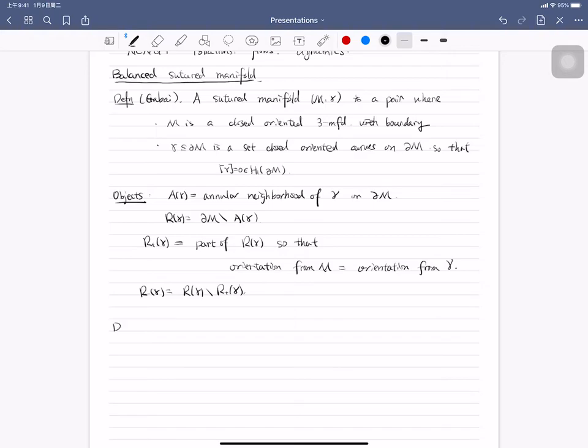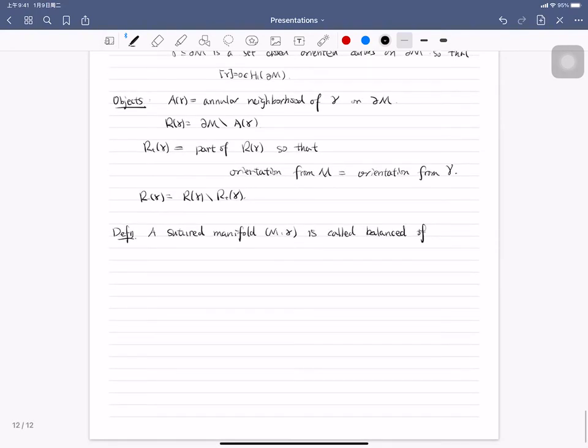A suture manifold (M, gamma) is called balanced if there are a few conditions. The first condition is that M has no closed component, and also R of gamma has no closed component.